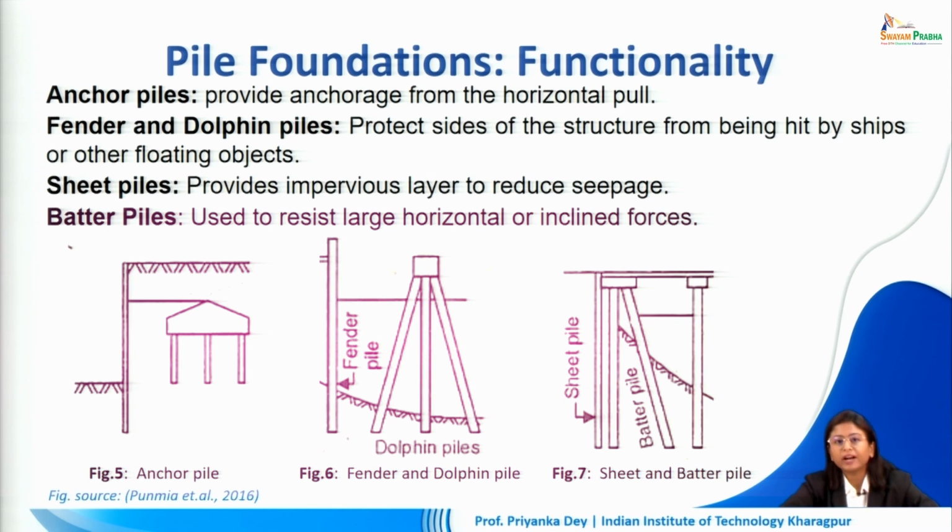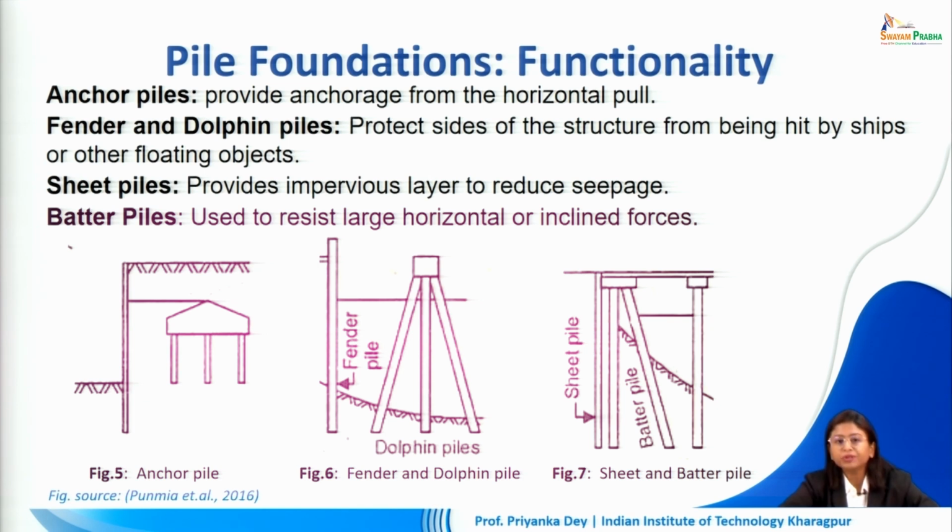Tension piles help to anchor down structures to prevent uplifting or overturning. Anchor piles provide anchorage from horizontal pull. Fender and dolphin piles protect the sides of the building and prevent it from being hit by ships or floating objects. So, this type of pile is very commonly used next to large water bodies like the sea. Sheet piles provide an impervious layer and reduce seepage.